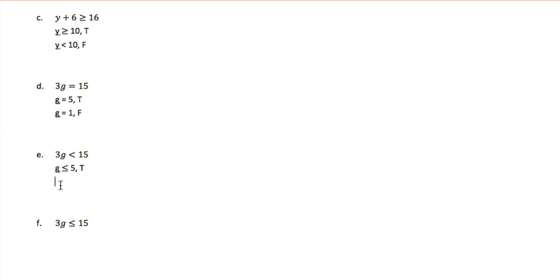And any other value, if g is greater than, actually 5 has to be, I missed that. g has to be less than 5 in order for it to be true. And if g is greater than or equal to 5, it would be false.